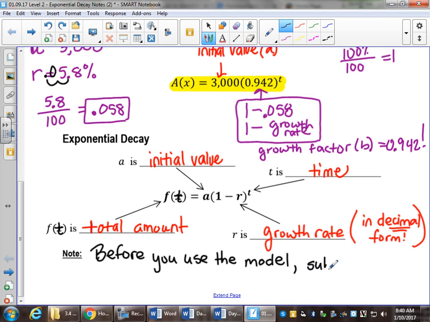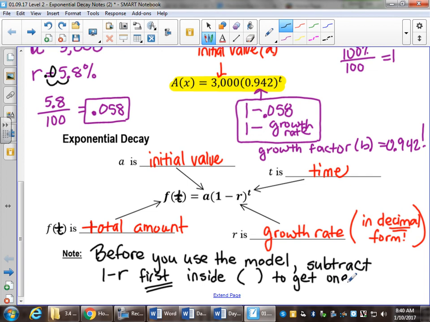Before you use the model, subtract 1 minus R first inside parentheses to get one number.